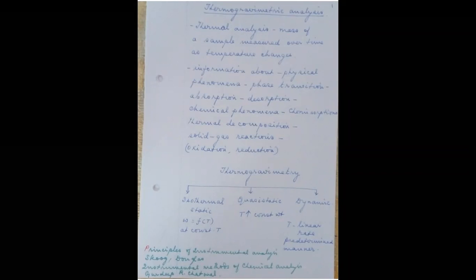So there are three variables: the temperature, time and the mass. Any one thing can be kept constant and the other thing can be followed. This is thermal analysis. By this thermal analysis, we are getting information about so many physical phenomena, for example, phase transition, absorption, desorption.